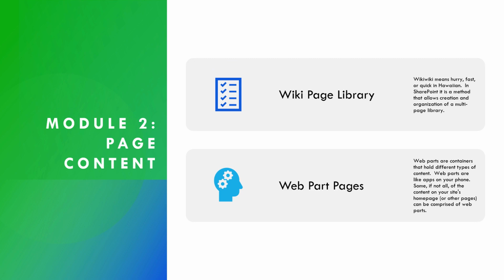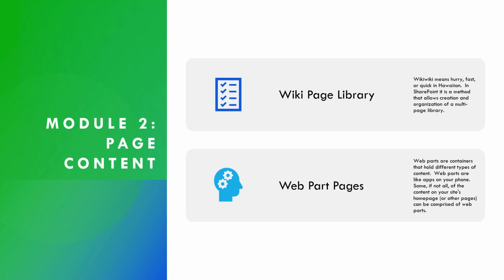Wiki page libraries are often used to display policy and procedure type stuff within an organization. Wiki means hurry, fast, or quick in Hawaiian. So it allows creation and organization of a multi-page library. And then web parts are containers that hold different types of content, from lists to libraries, calendars, stuff like that.